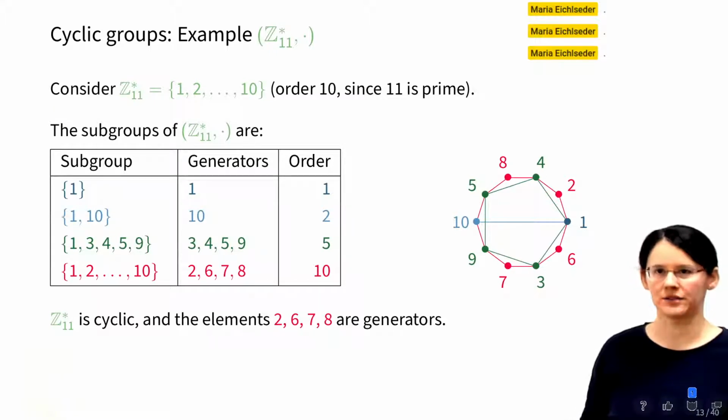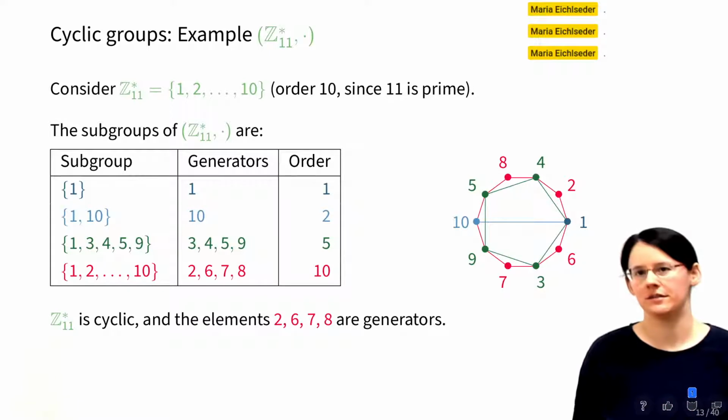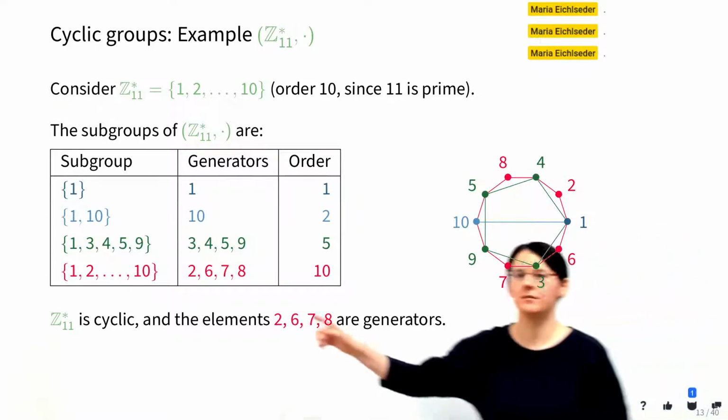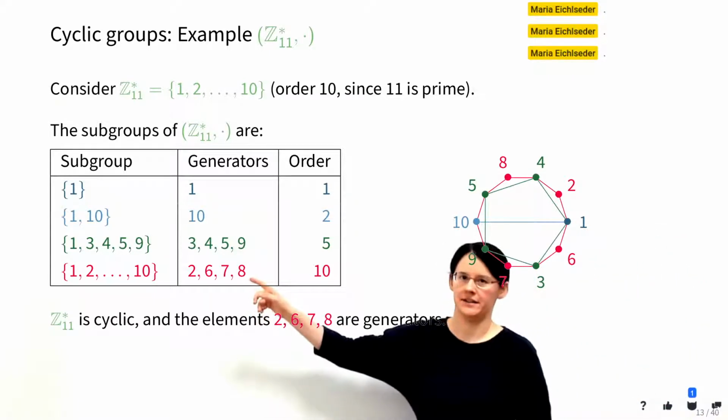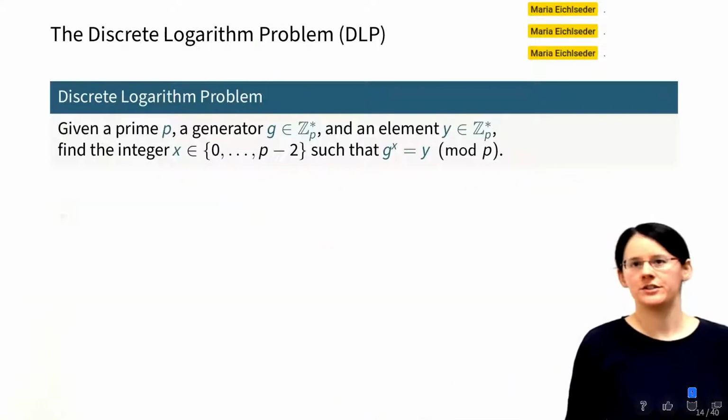This will now allow us to define a specific problem with respect to the elements of this cyclic group, and specifically with respect to the generators here, namely the discrete logarithm problem, which says the following.